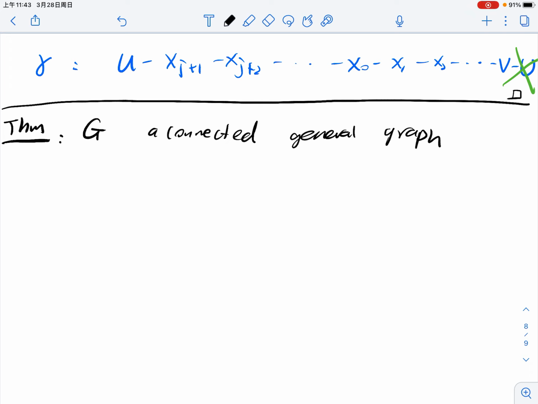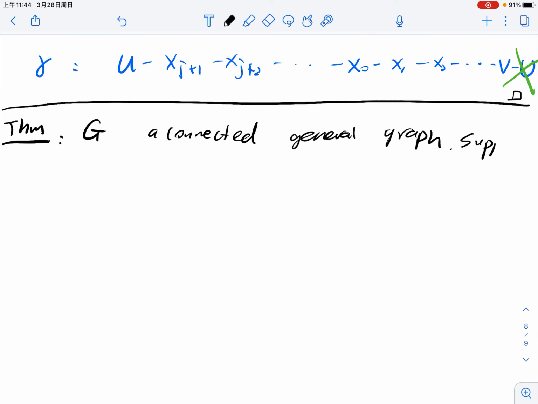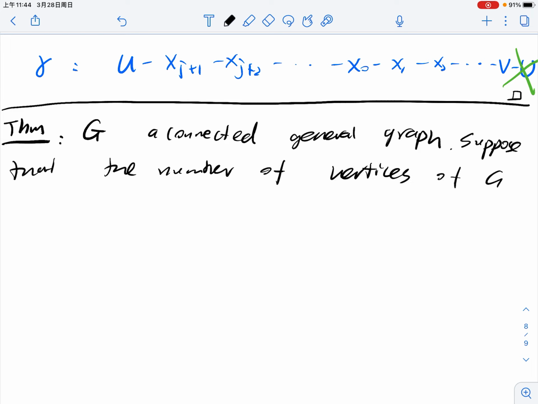Yeah, otherwise you will have a counterexample. So let G be a connected general graph. Suppose that the number of vertices of G with odd degree is m, which is a positive integer.